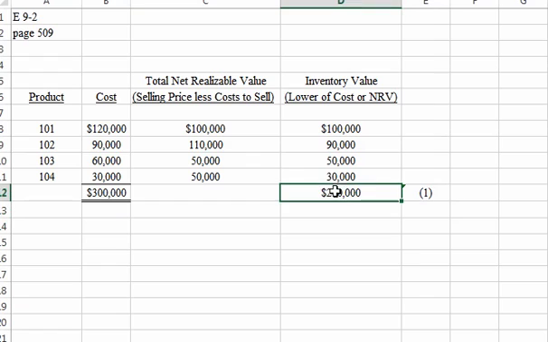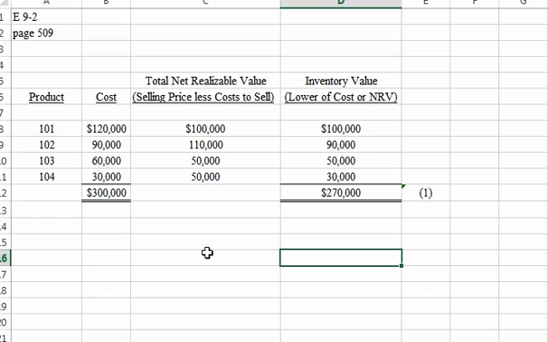Well, there's your answer to number one, $270,000. Number two says, assuming Tatum reports an inventory write-down as a line item in the income statement, determine the amount of the loss. Well, the amount of the loss is the difference here, $30,000.